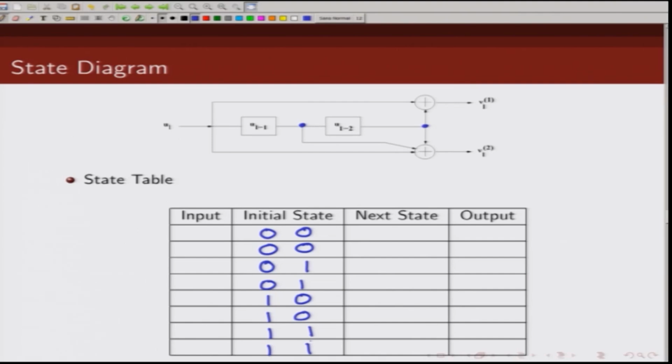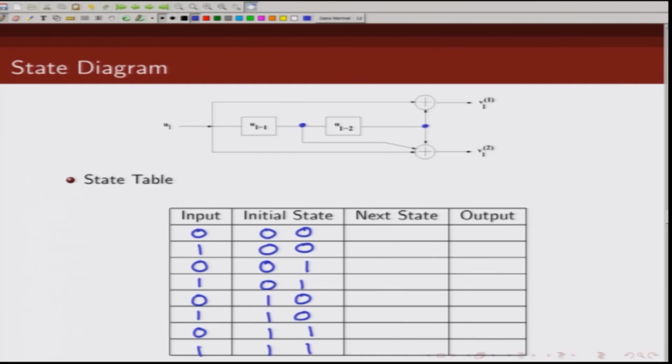And corresponding to each state, we can have input 0 or 1. Okay. So, now let us look at each case separately. We have an input 0 and initial state 0 0. Now, what is going to happen in the next state?